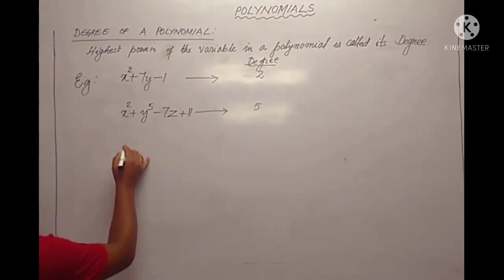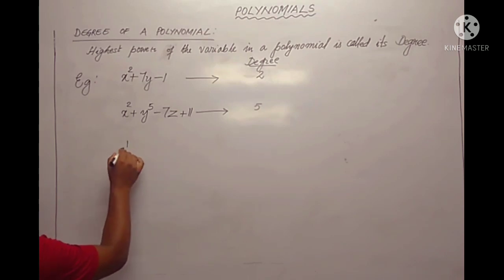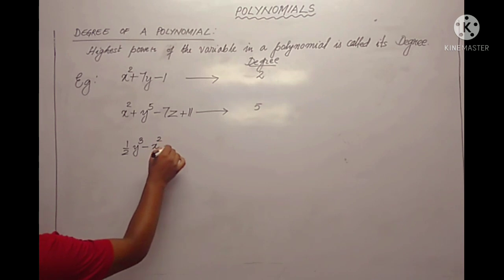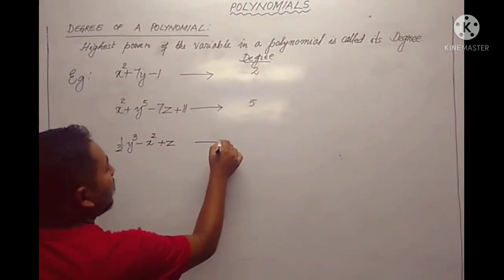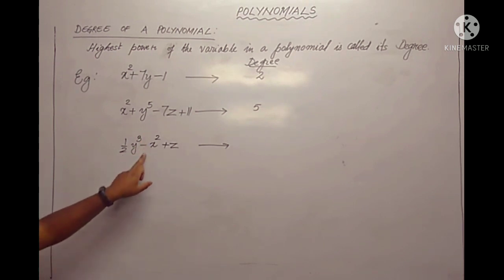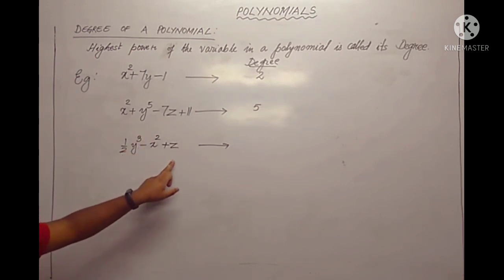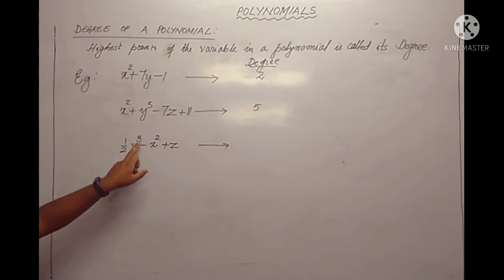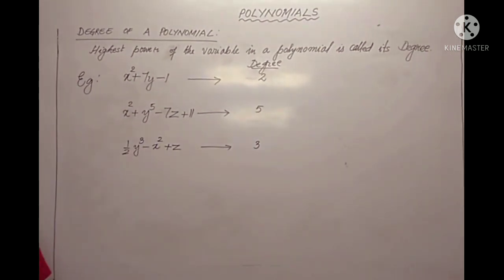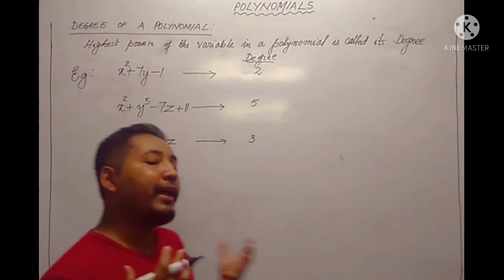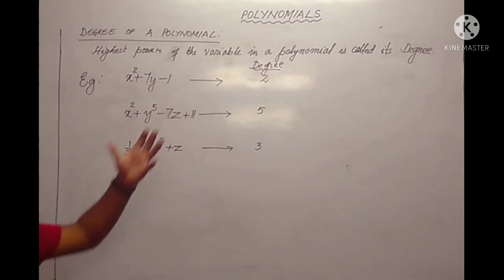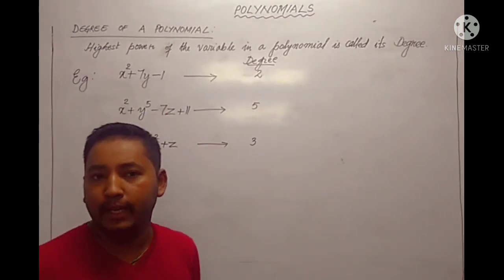I'll give you one more example: 1 by 2 into y cube minus x square plus z. See the highest power. The highest power is 3. So the degree is 3. This is the meaning of degree. The highest power of the variable in a polynomial is called its degree.